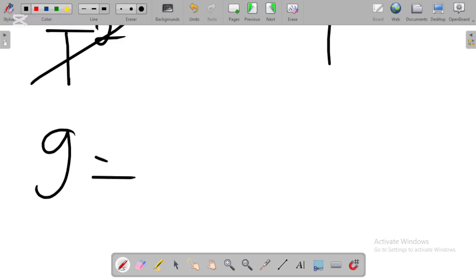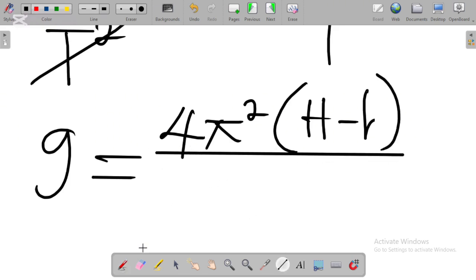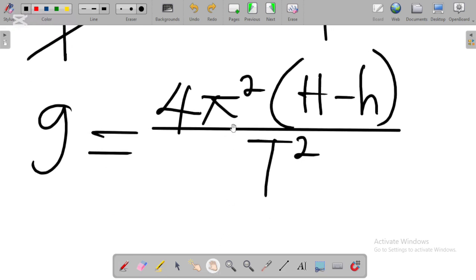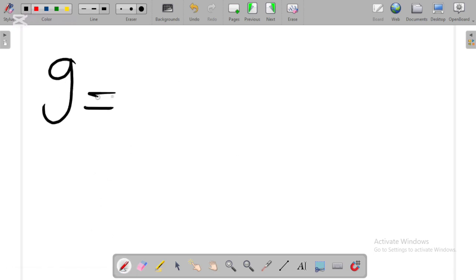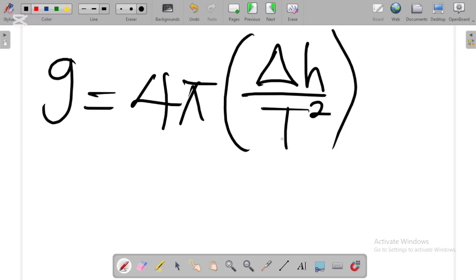So therefore G is equal to 4 pi square, open bracket, capital H minus small letter h, all over T square. Alright, so this can be written as G is equal to 4 pi square, open bracket, change in h all over T square. This can be written as this.